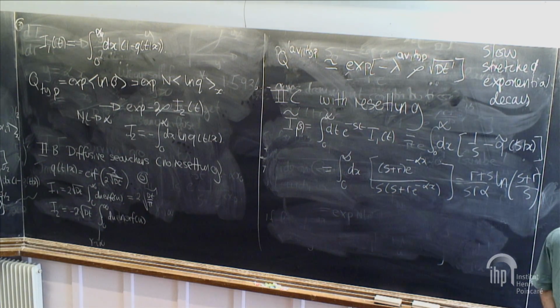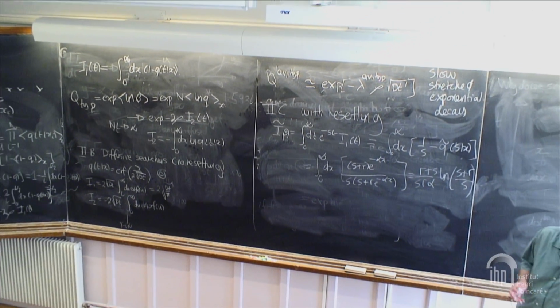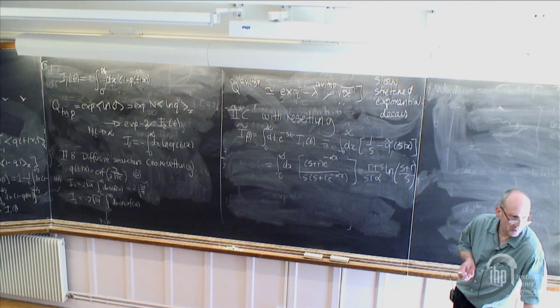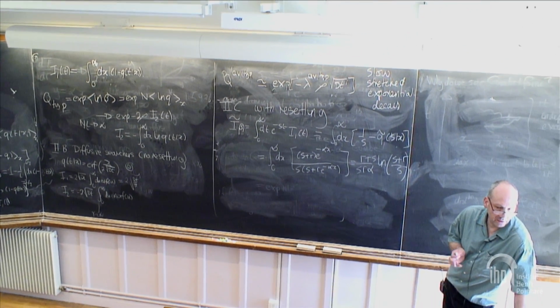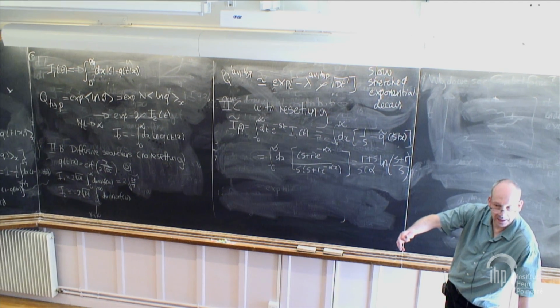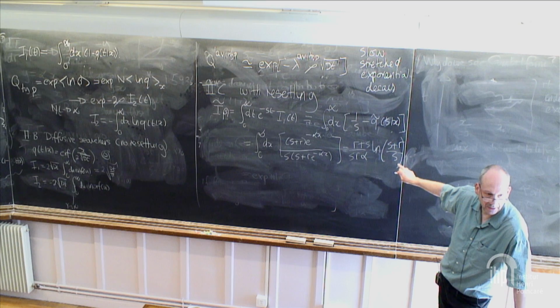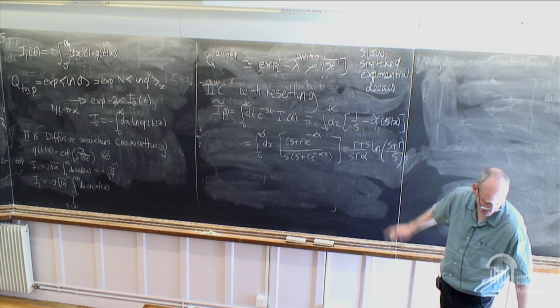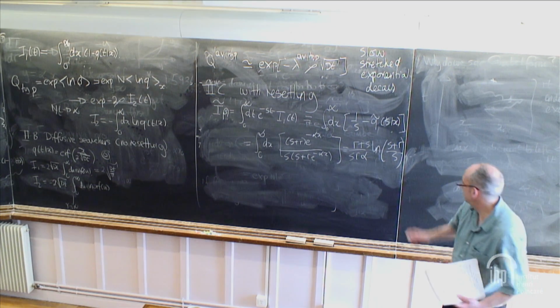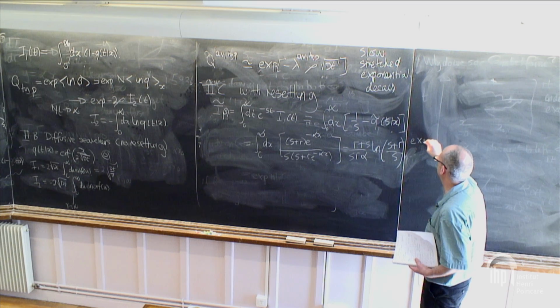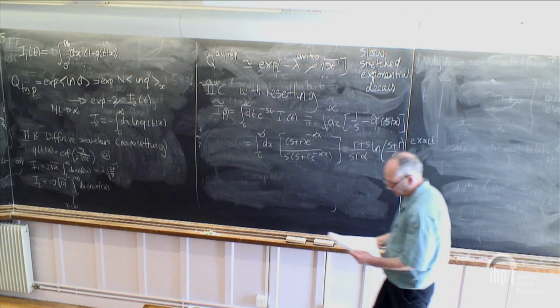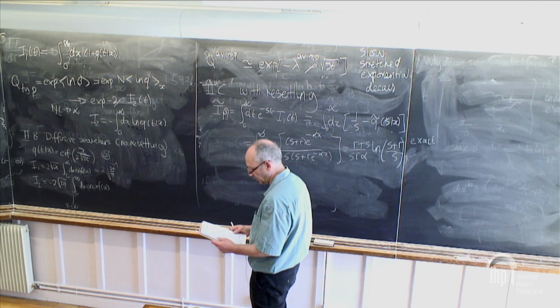So this is an exact expression for the Laplace transform of what we want. Then, as usual, from the Laplace transform, we can extract the long-time asymptotics by looking at the small s behavior. Let's remind ourselves, this is exact. Then we look at the small s behavior to get the asymptotic.